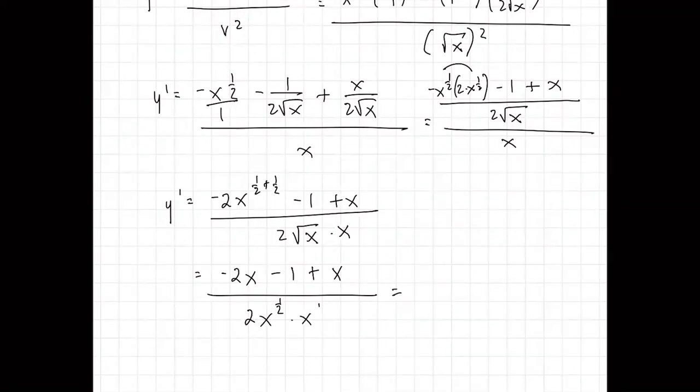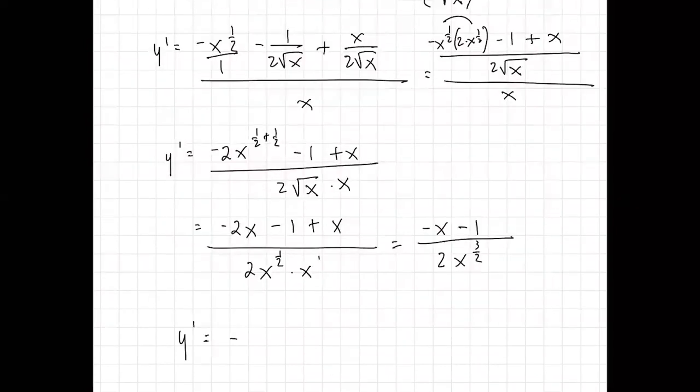Simplify yung numerator. We have negative x minus 1 all over 2 x 3 halves. Okay. So, final answer natin, pwede natin gawin negative x plus 1 all over 2x 3 halves.